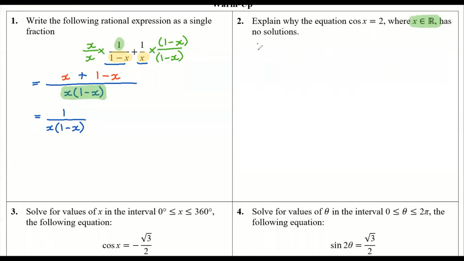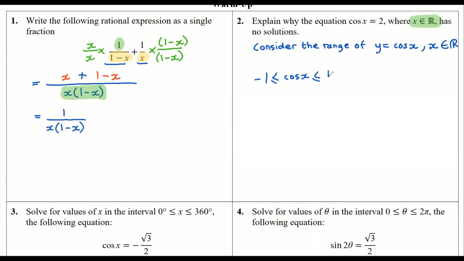Okay, so consider the range of the graph y equals cos x, where x is a real number. And we know the fact that cosine is sandwiched between and including -1 and 1.